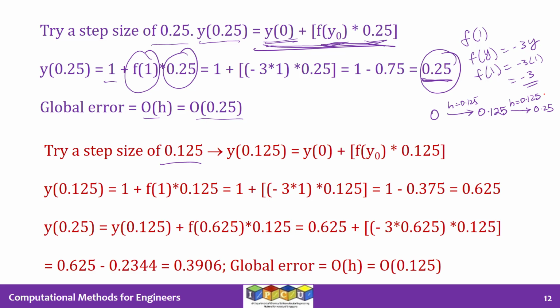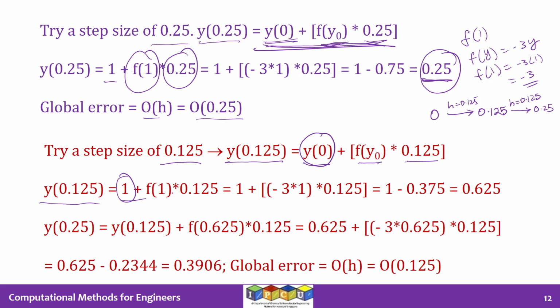So when we do that, the value of y at 0.125 is going to be the value of y at t is equal to 0 plus the function at y0 times the h value, which is 0.125 here. So y at 0.125 is going to be 1, which is y0, that's given in the problem, plus f of 1.